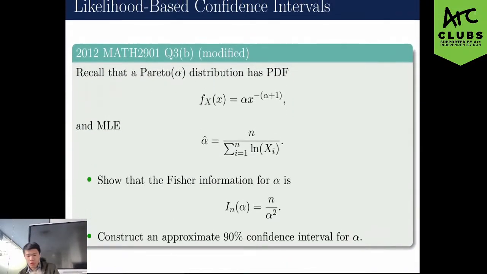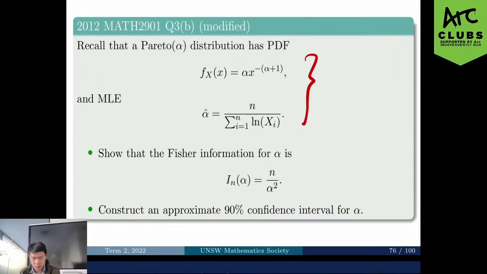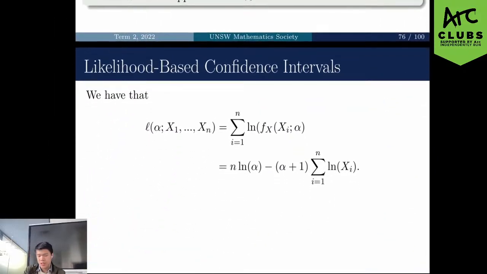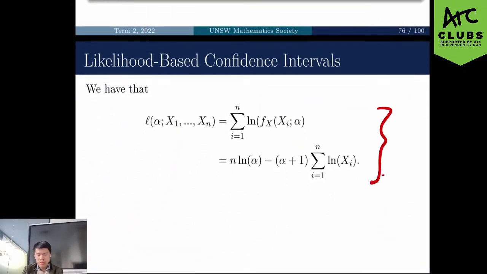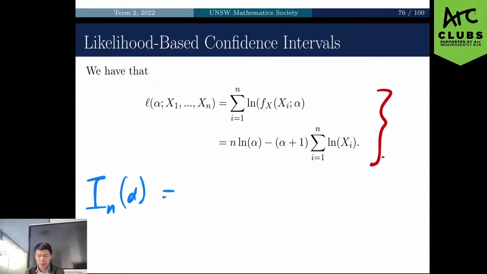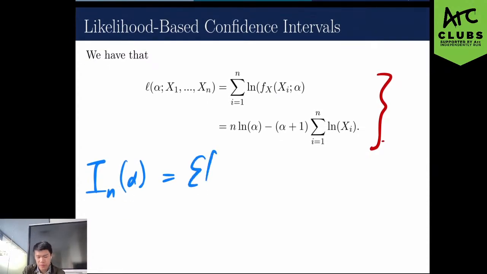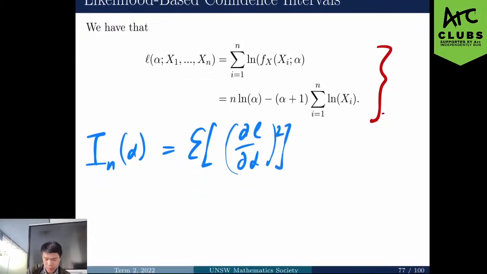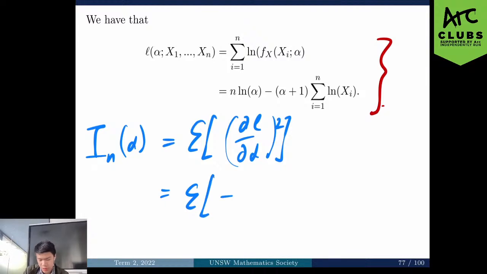Okay, so we'll do an example of calculating the Fisher information, and this is a nice example. Because we did this before, we already calculated the MLE. Now let's do the Fisher information. Okay, so basically we already did the log likelihood, and if you recall, there are two formulae for the Fisher information. The first one is the expectation of the derivative squared, and the second one is the expectation of minus the second derivative.